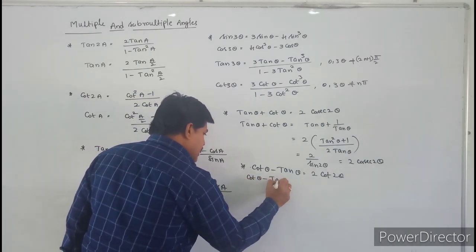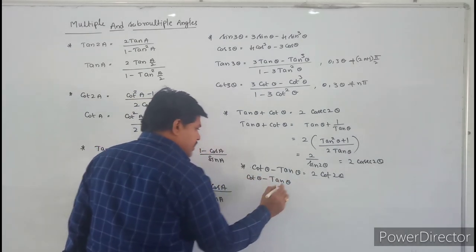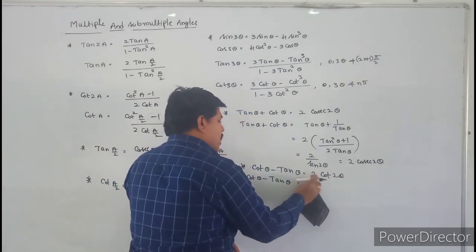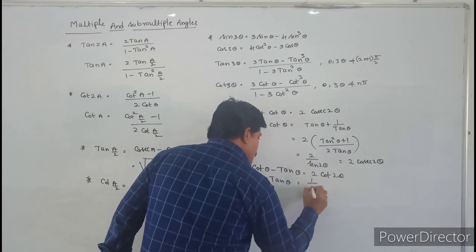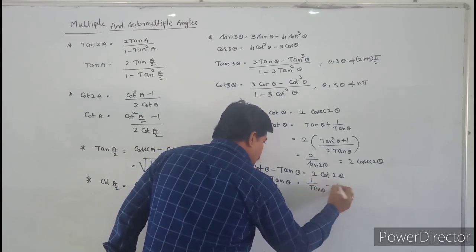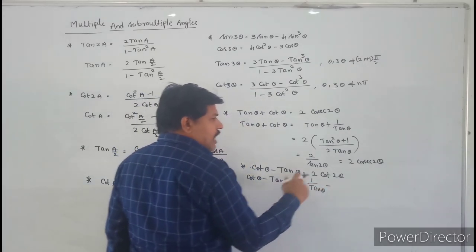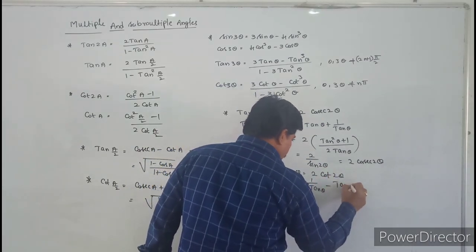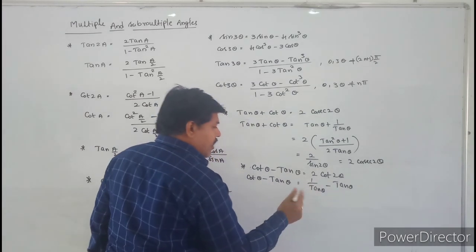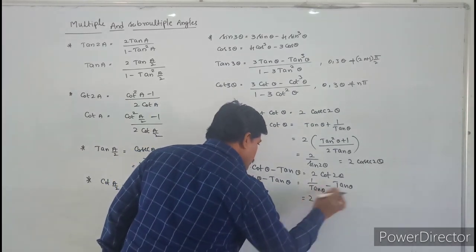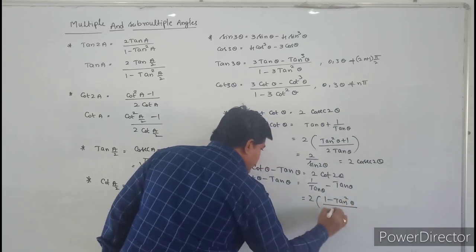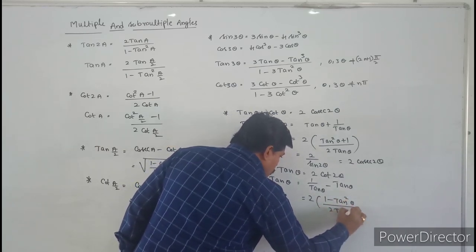Cot theta minus tan theta: cot theta you can write as 1 by tan theta, minus tan theta. Take the LCM and multiply and divide with 2. So 2 into (1 minus tan square theta) by 2 tan theta.